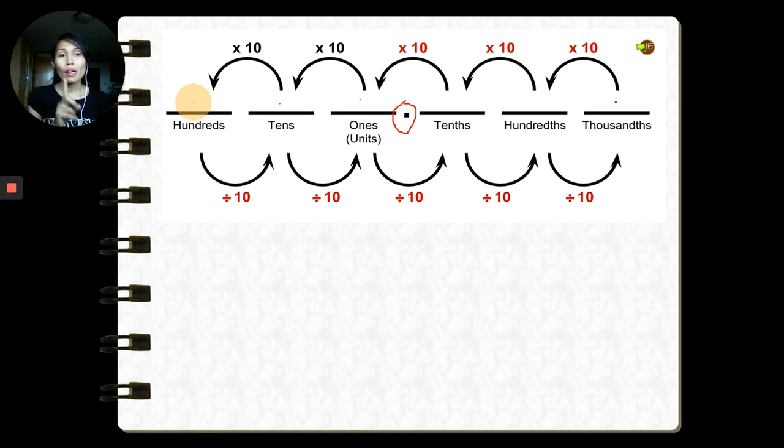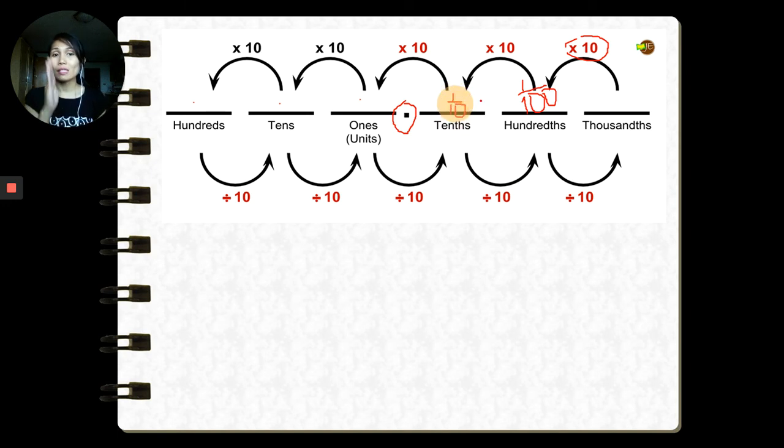So that means 1,000ths times 10 is 100ths. And 100ths times 10 is 1/10.